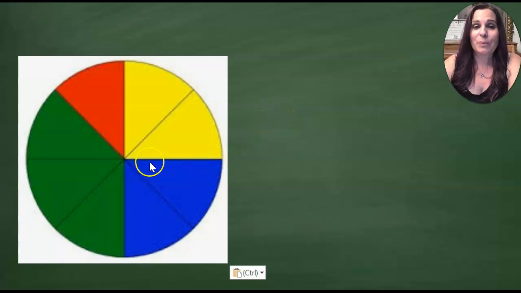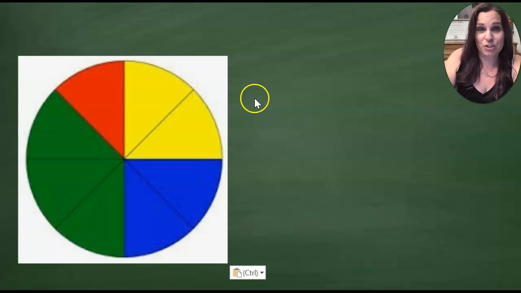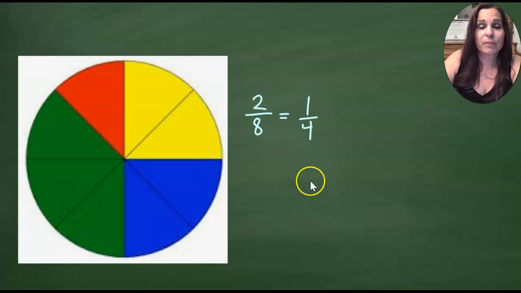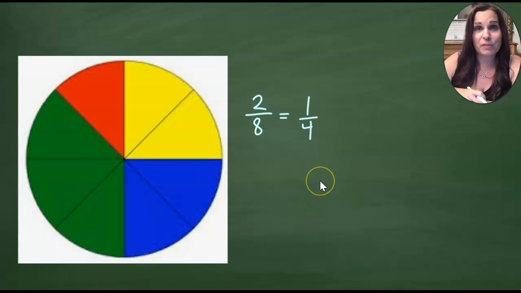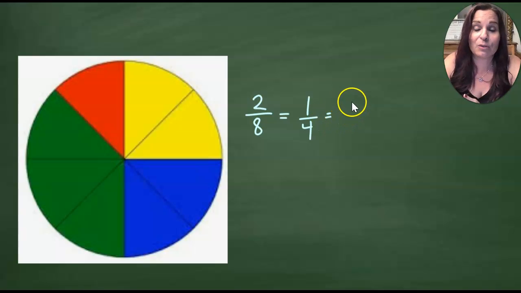Well, we saw in the previous lesson that the probability of this spinner landing on blue is 2 out of 8, which is a fourth. You can keep it in fraction form if you like, or you can convert it to maybe a fraction that has a denominator of 100, right?